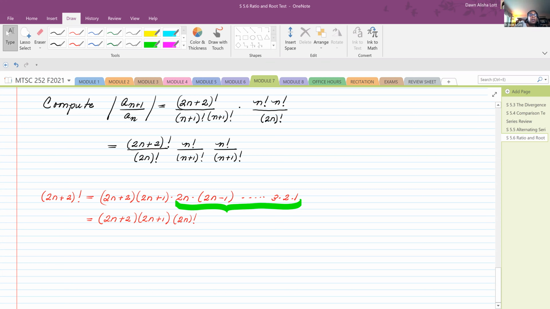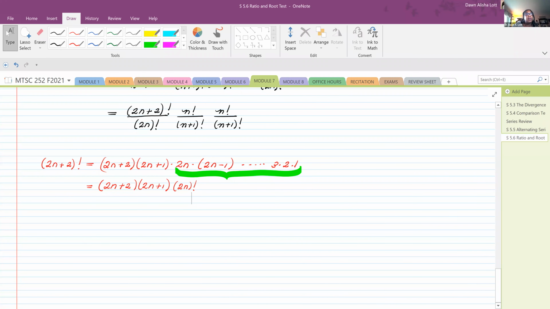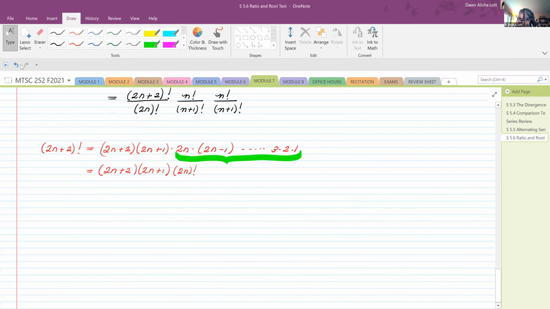Okay, so therefore I get that the absolute value of a_{n+1} over a_n is equal to, so the (2n+2) factorial becomes (2n+2) times (2n+1) times (2n) factorial divided by (2n) factorial.